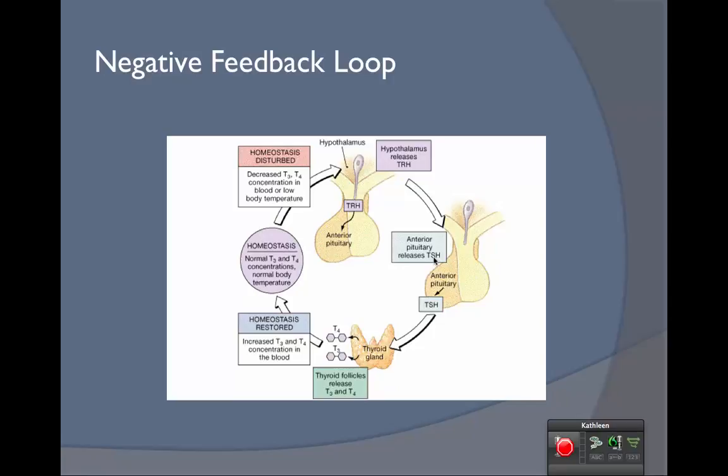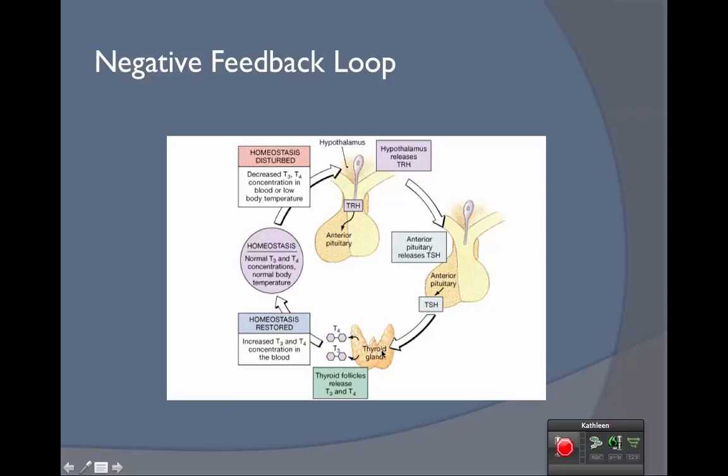TSH stimulates, just like I said before, the thyroid gland to actually release T4 and T3. But for some reason, the thyroid gland either no longer makes T3 or T4 or no longer responds to TSH. Either way, it does not release anything.